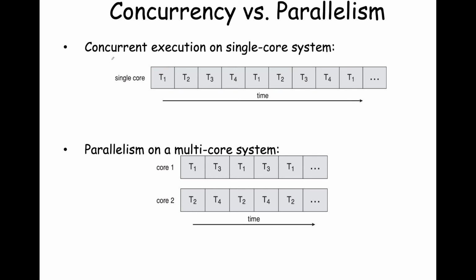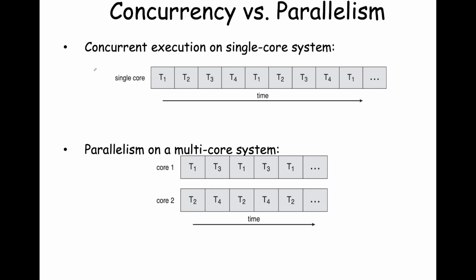And then we're going to cycle back around. And so in time, every task is making progress where time increases going to the right. So here, we start executing T1, and then T2, T3, and T4, go back to T1, 2, 3, 4, 1, 2, 3, 4, etc. And so that's an example of concurrency.